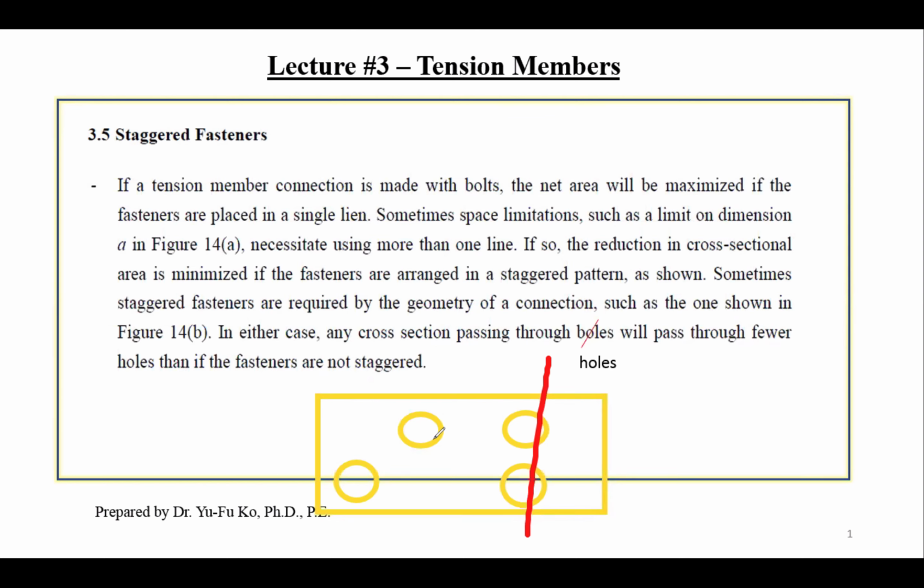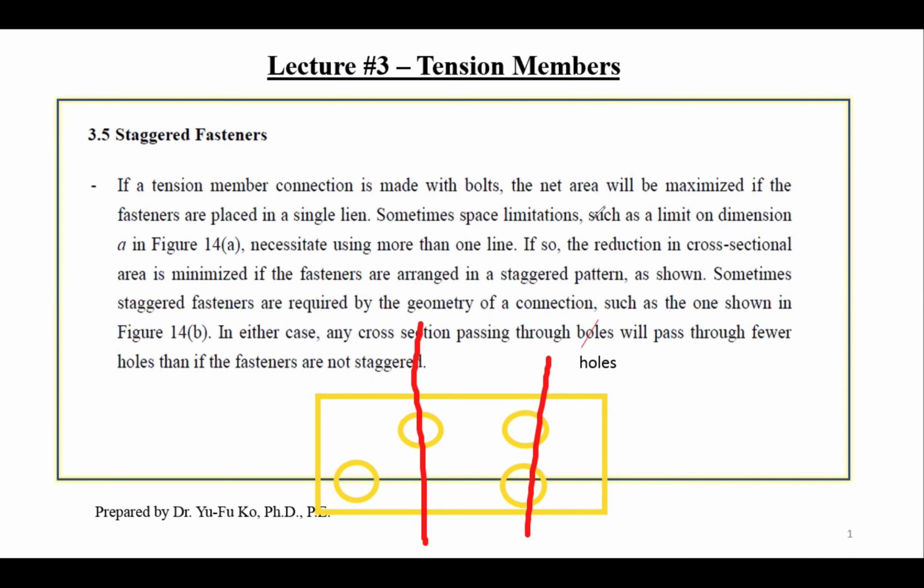If this is staggered, for each and every cut, you only have 1 bolt being cut. So you cut fewer holes compared with 2 holes when it is not staggered. But the failure path is more complicated if you stagger the bolts.